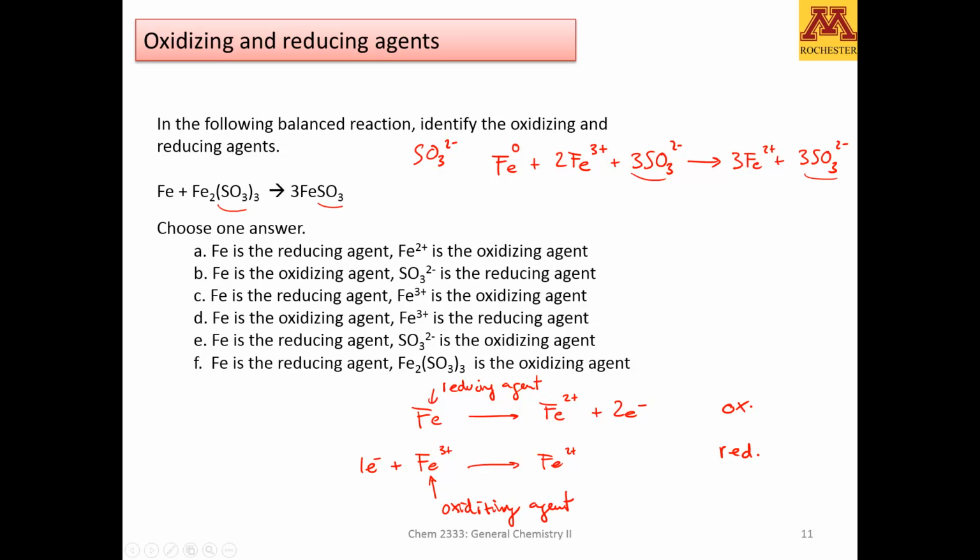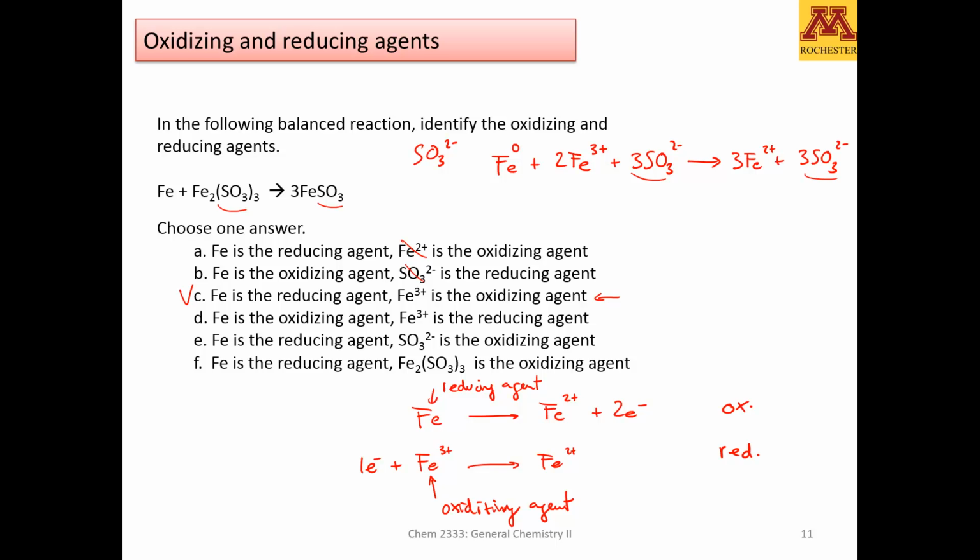So let's see which one. Iron is the reducing agent, yes, but iron 3+, 2+, nope. There's something about sulfite, no way. So we want iron to be the reducing agent. There you go. Iron is the reducing agent, and iron 3+ is the oxidizing agent. That would be the correct answer.